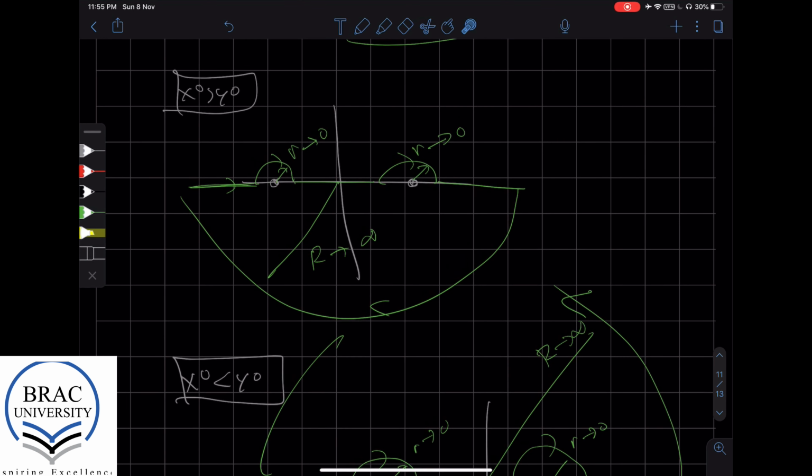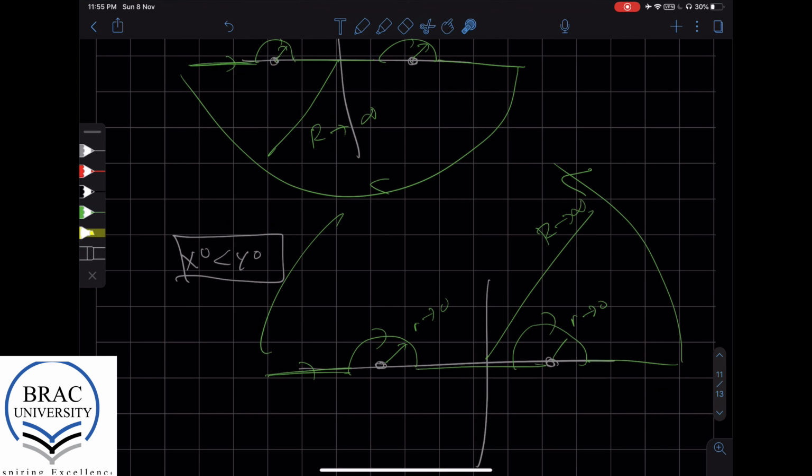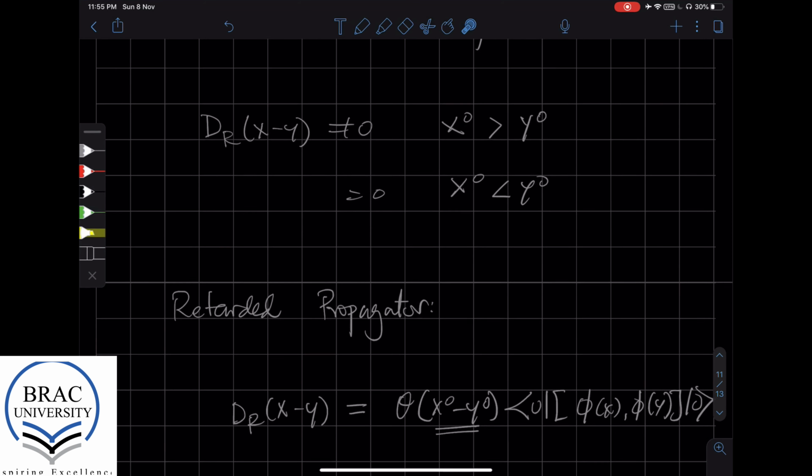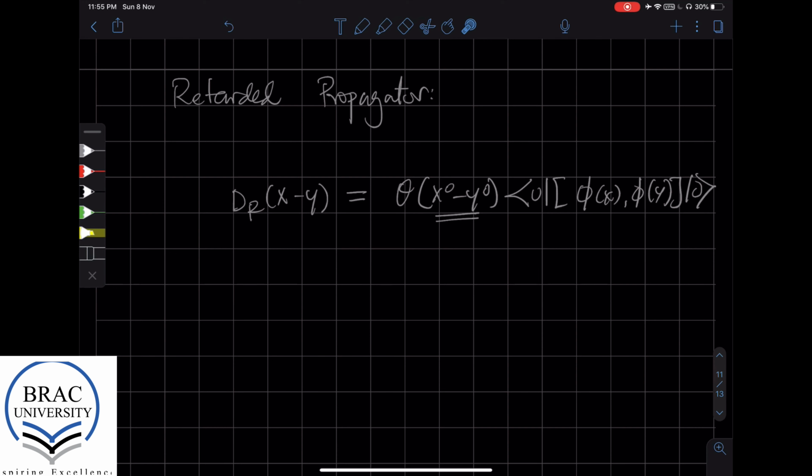And in that case, if the pole structure were the same, then the propagator would be 0 for this case. Whereas for x0 less than y0, the semicircle would close below, and in that case, if the function had the same pole structure, the propagator would be non-zero. So we would have a propagator where the influence propagated from the present into the past. And such propagators are called advanced propagators.